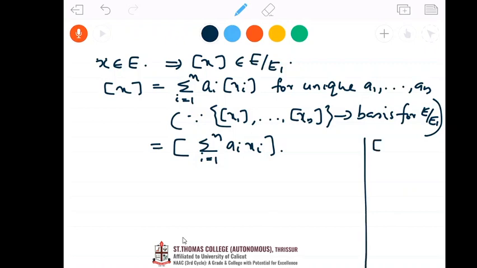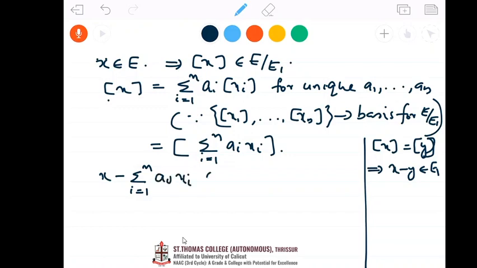So, remember this. If class x equal to class y, then x minus y is an element of E1. So, these two classes are equal. Therefore, we can say that x minus summation i equal to 1 to n ai xi is an element of E1.